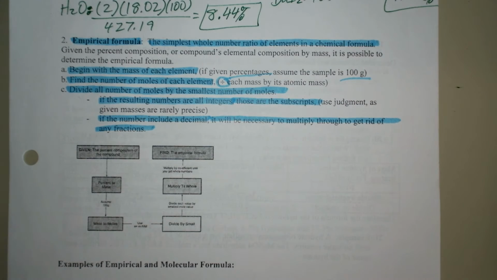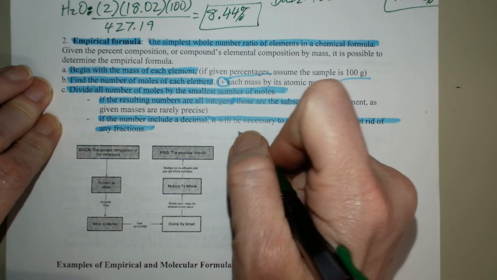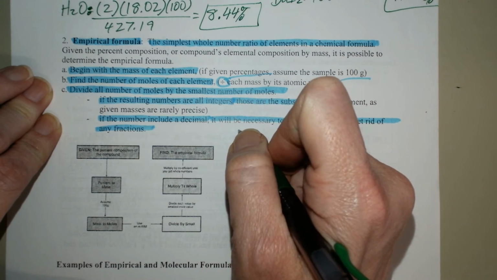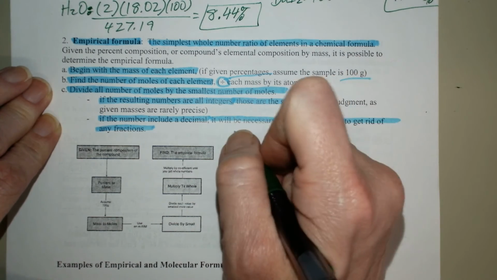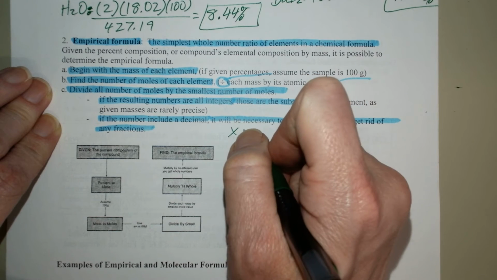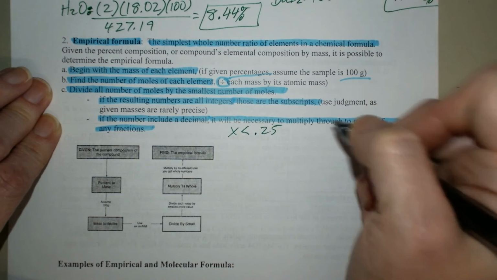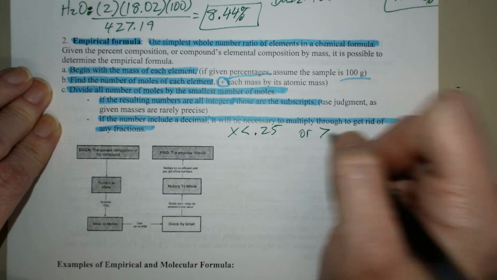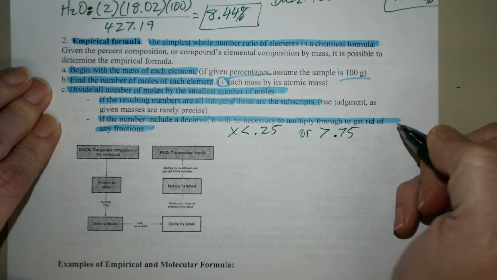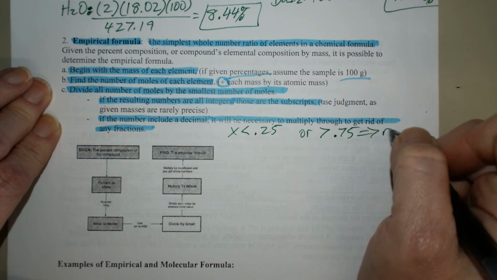Okay. So what are your fractions going to look like? So let's say if your number ends in less than 0.25, or greater than 0.75, then you're just going to round.